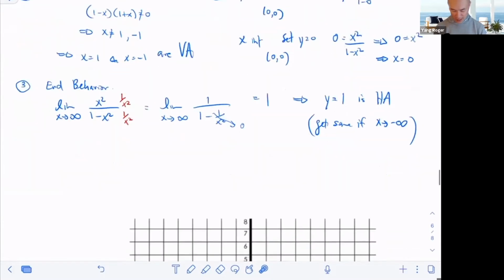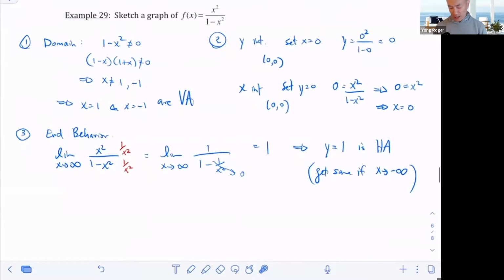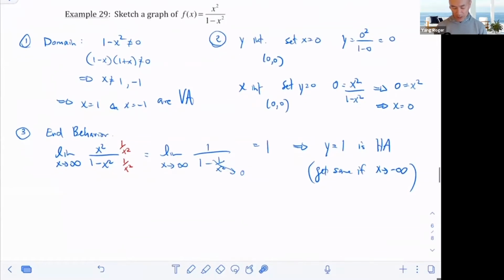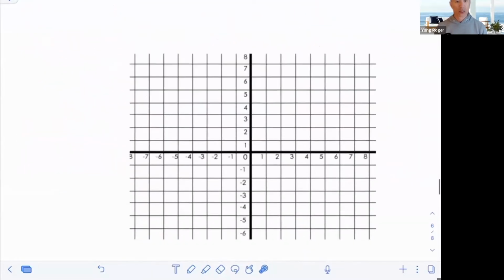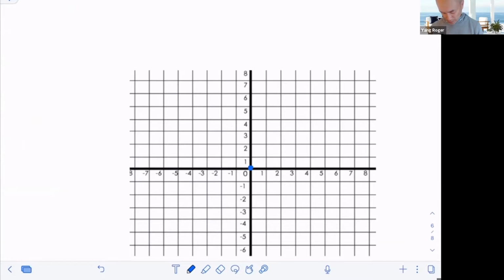All right. So at this point, I'm going to try to draw a sketch of what we've got so far. So we have one point, which is (0, 0). That's both the x and the y intercept. We got a vertical asymptote at 1.